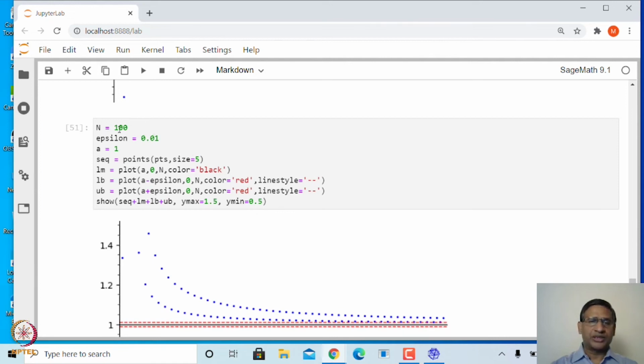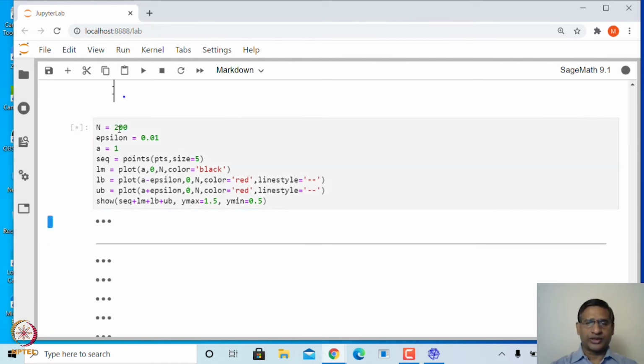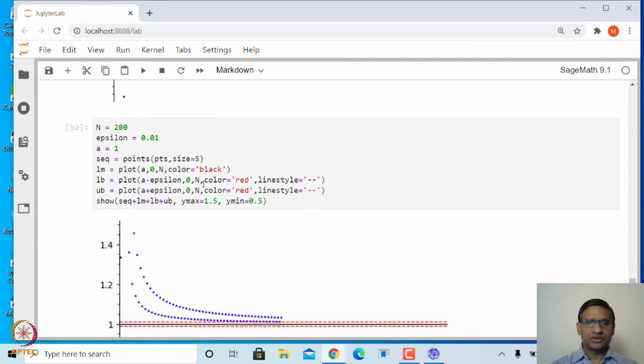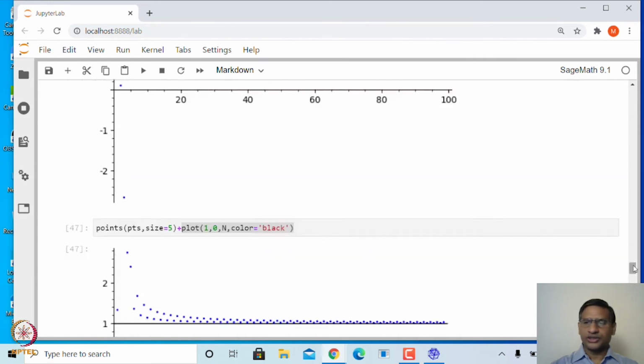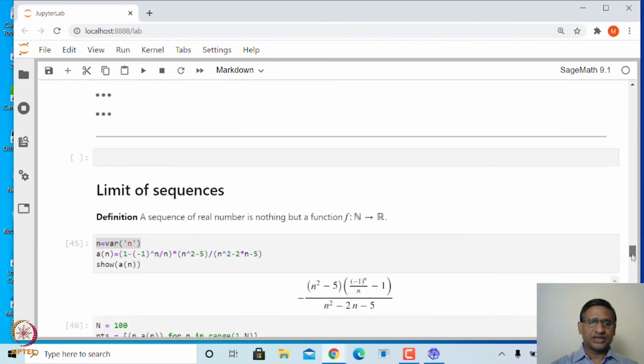So, I need to maybe increase n. For example, if I say 200 terms, I also have to say n is 200 for the terms of the sequence. So, you need to also increase the points here, which I did.